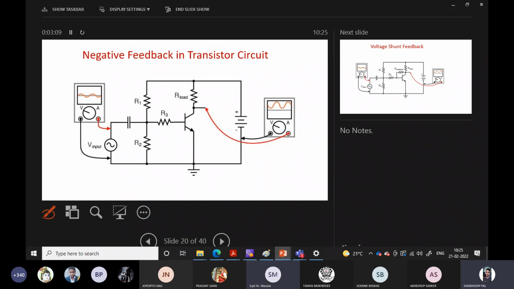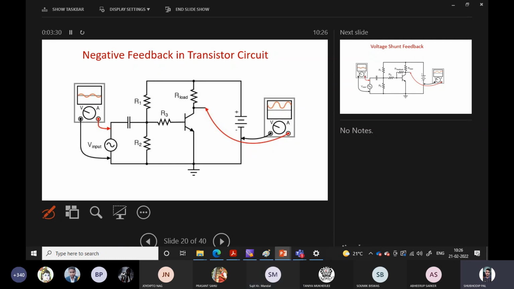If you see the waveform, it will be clear to you. For a common emitter amplifier, if we apply the input voltage as shown in this diagram, this diagram is taken from the internet. It is also available, and the link will be shared with you. You can go through that for better understanding.